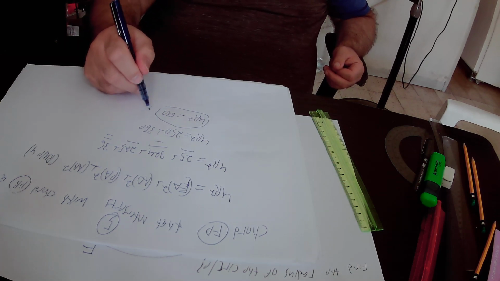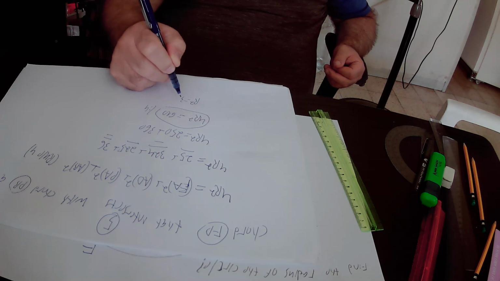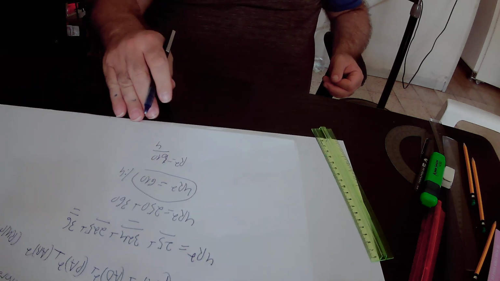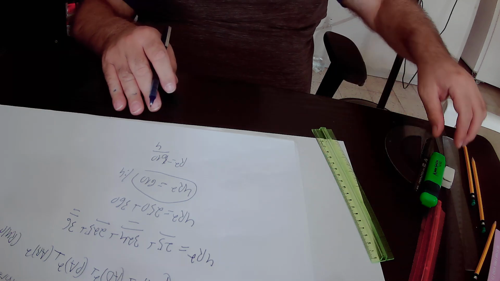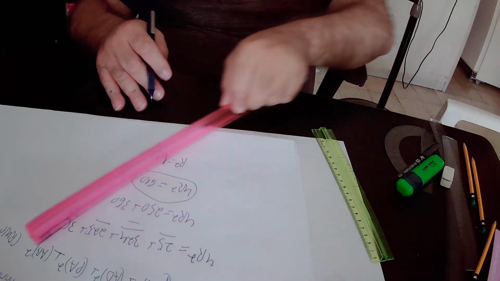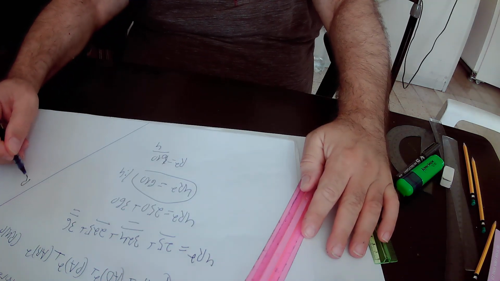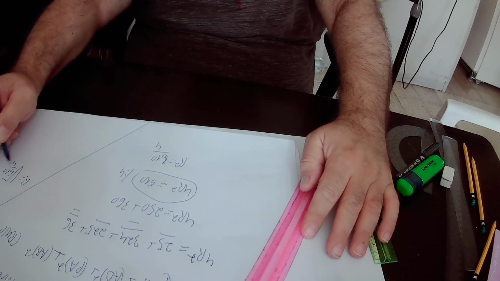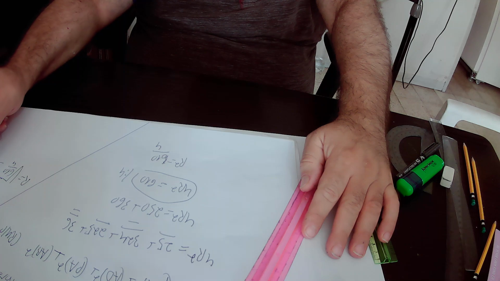We will divide this equation by 4 and get R squared equals 610 over 4. We will take the root of this equation and get R equals the square root of 610 over 4. So R equals the square root of 610 over the square root of 4, which is 2.